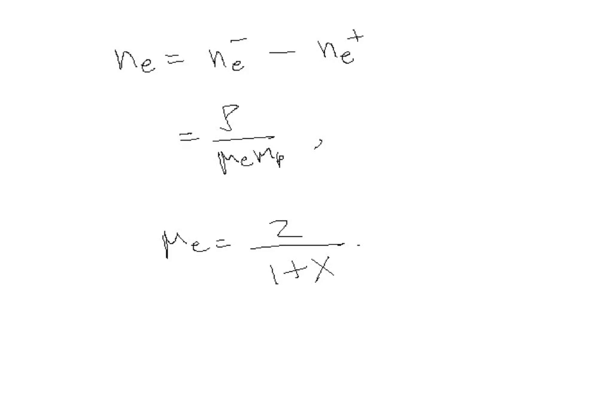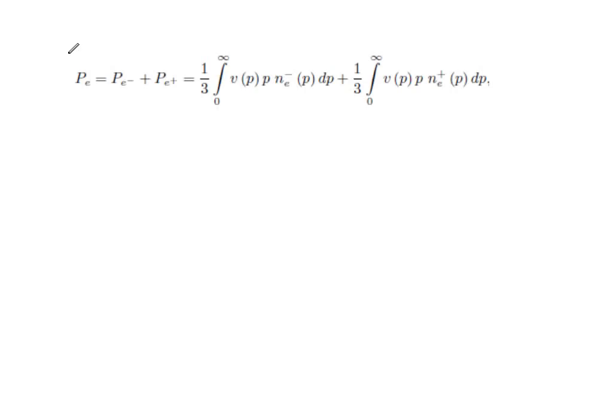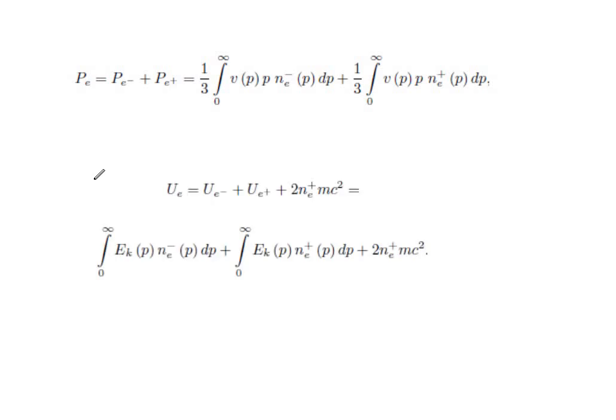Let me write it down. So, the relation is like this. Electron pressure, it is this, you see, the two contributions, electron, okay, and positron. What about the energy density? This is the expression for energy density.